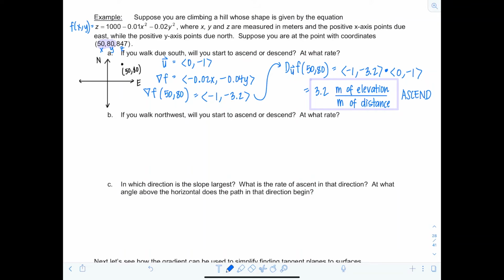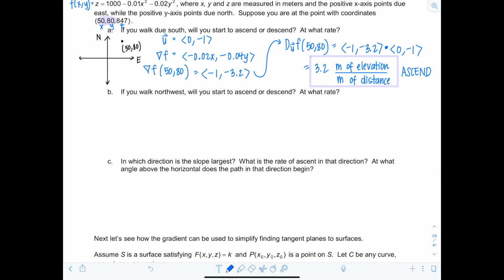All right, part B. If you walk northwest, will you start to ascend or descend, and then at what rate? So northwest, we need a unit vector that takes us in that direction. Not bad, unless you just get jumbled up which way west is. It's over here, people, where the negative x-axis is.